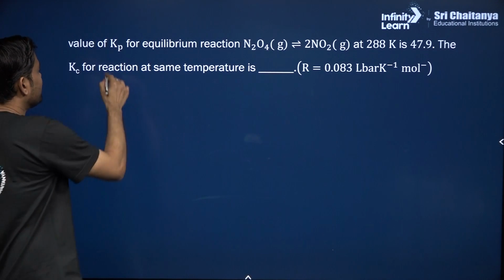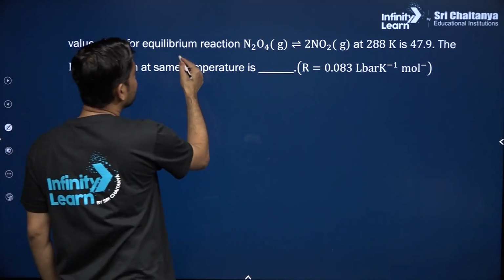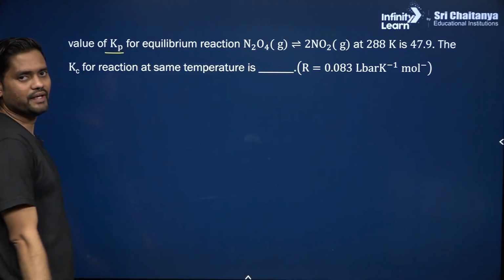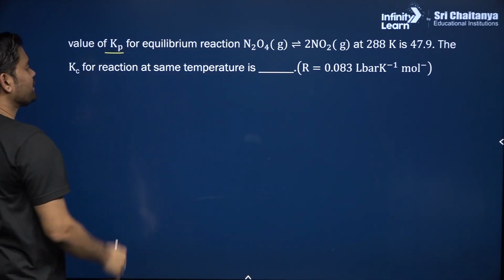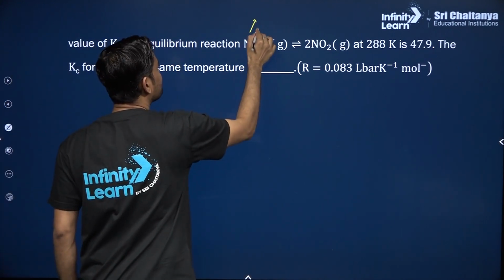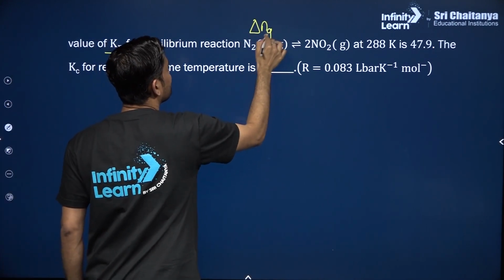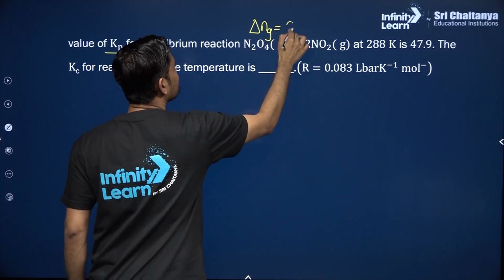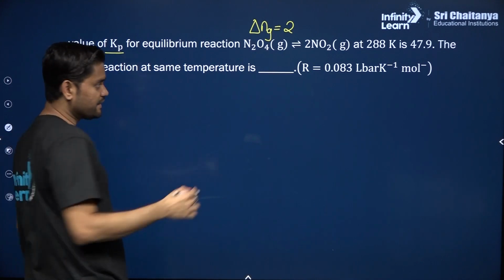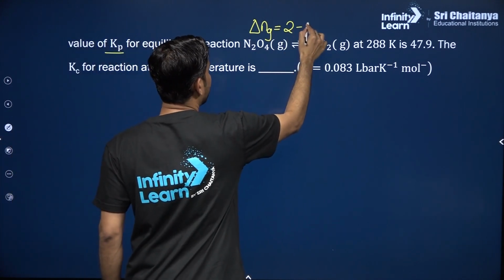Value of Kp for the equilibrium reaction at 288 Kelvin is 47.9. The Kc for the reaction at the same temperature is, so first of all we need the delta Ng value. Number of moles of gaseous product is 2, minus number of moles of gaseous reactant, that is 1.